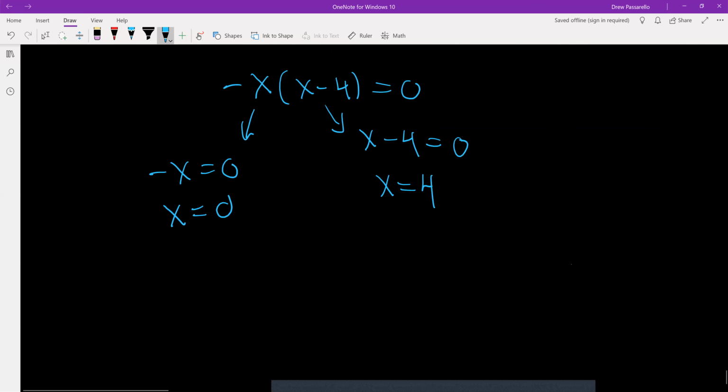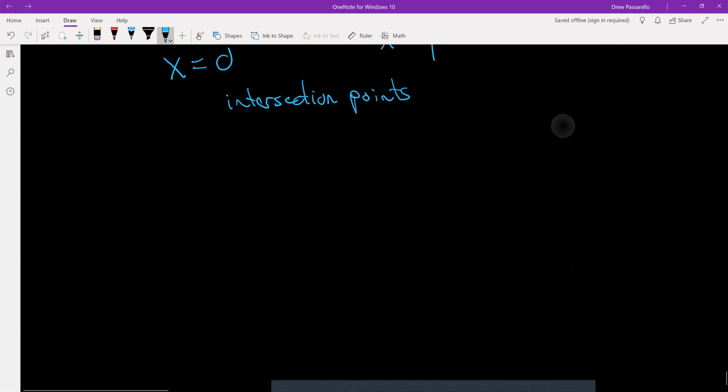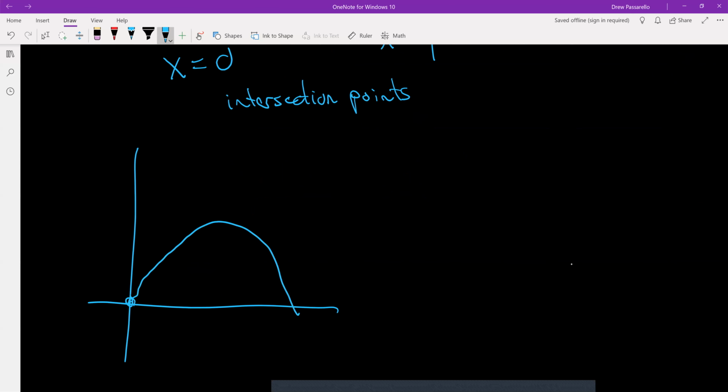All right, these are my intersection points, 4 and 0. So I know now that it goes like this, and that's at 4, 0.